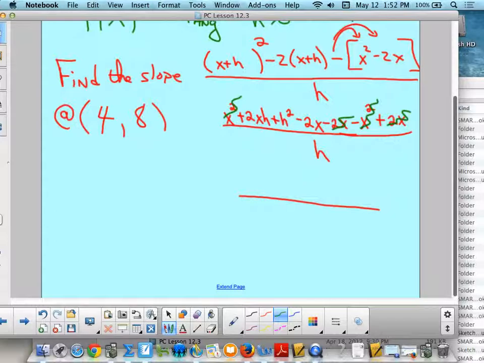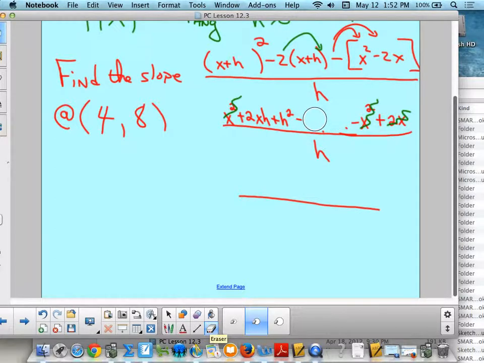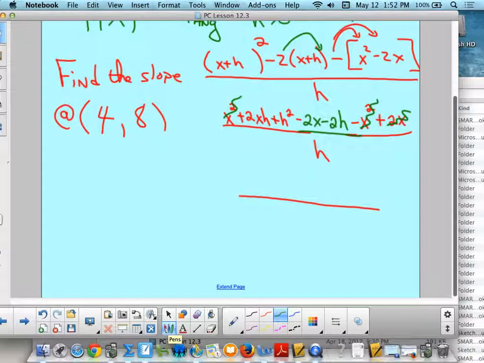Oh, I did, I messed up. Because I forgot, this should be minus 2h. Sorry. Hopefully you're not looking at my work right now. Okay, try that again. Minus 2x minus 2h, but the 2x and the 2x did cancel. So then you get this.